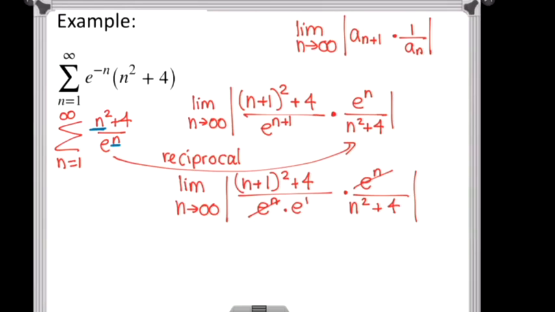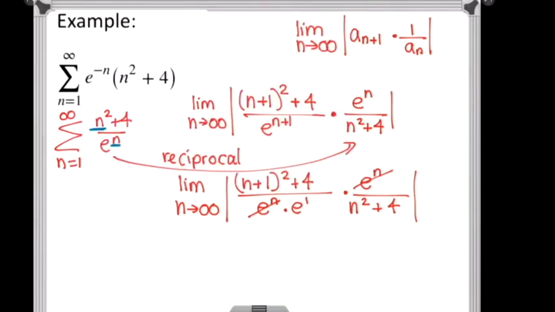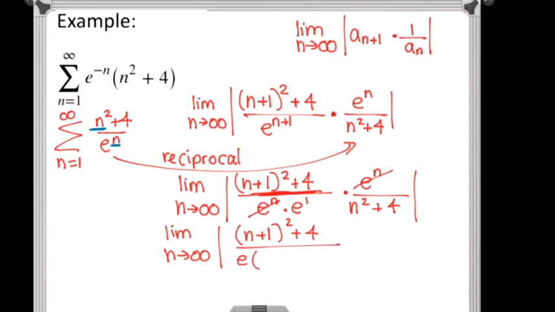Since this n squared on top is added to the 4, the n squared can't cancel. So what do we have? We have the limit as n approaches infinity, n plus 1 squared plus 4 over e times n squared plus 4.